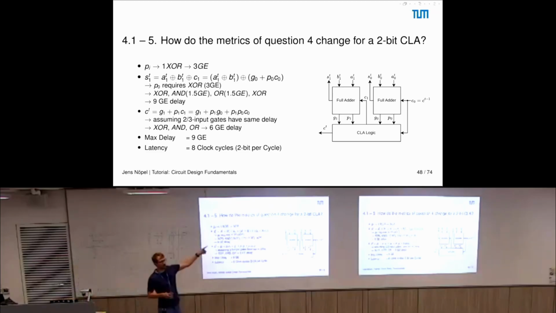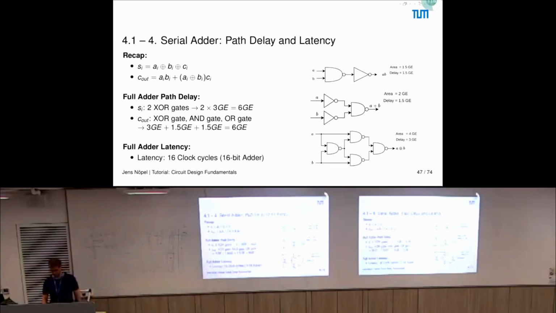Since we now use a 2-bit adder instead of a 1-bit full adder, we can process 2 bits at a time. So during 1 clock cycle, we now process 2 bits. So we need 8 clock cycles to process 16 bits. Just as a reference, the max delay here is 9 GE, and previously we had a delay of 6 GE.